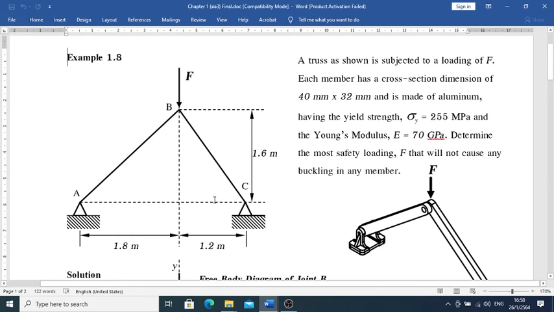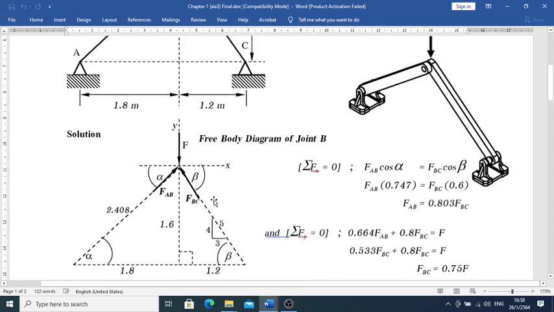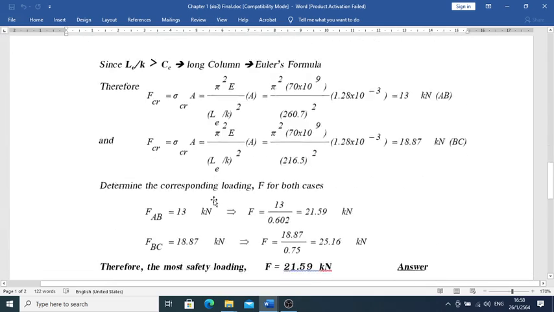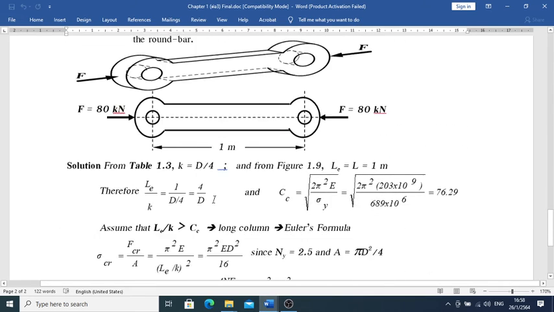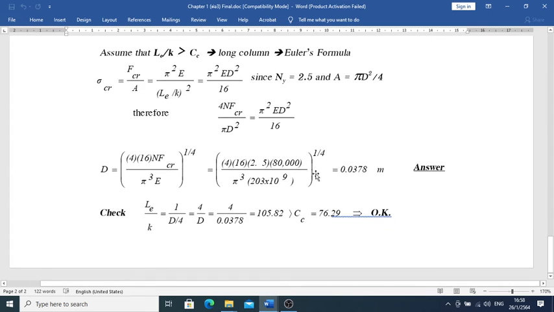You may have a look at it by yourself. Example 1.9 is a binary joint, a very good example. Have a look at it by yourself.